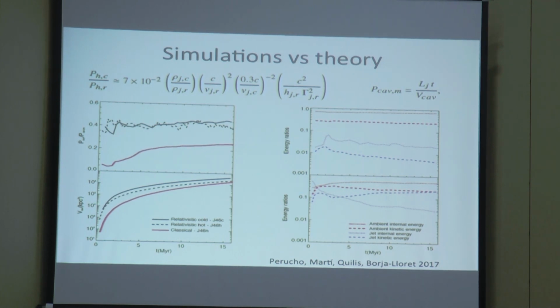So if we go to the efficiency, relativistic, classical, we see again that for the relativistic jet, the ambient medium is getting almost all of the injected energy, whereas in the case of the classical jet, you have a pretty different relation.